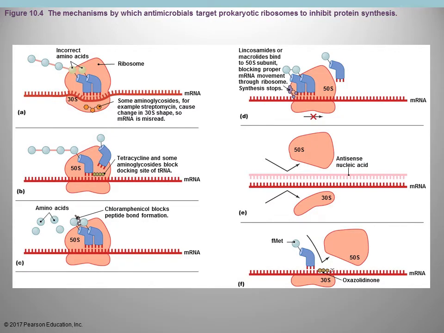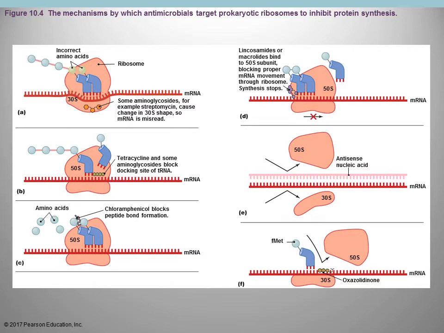And this is just showing the process of translation step-by-step and how you can target those prokaryotic ribosomes to inhibit protein synthesis. There's lots of different sites where you can inhibit. You can cause the mRNA to be misread.